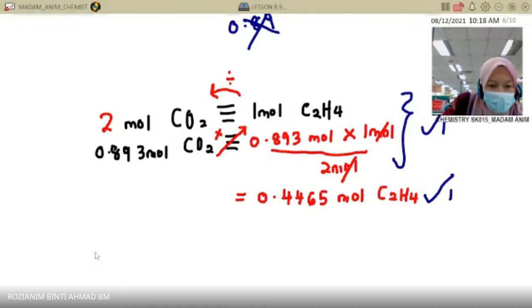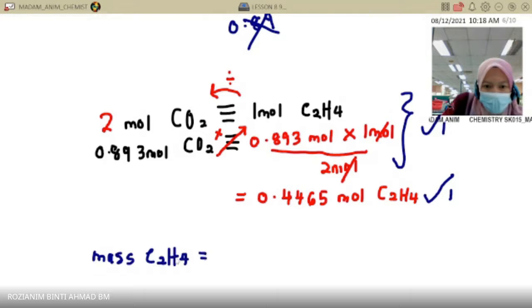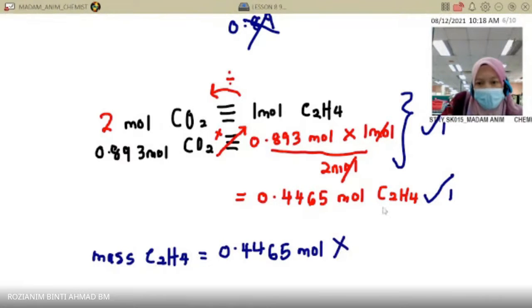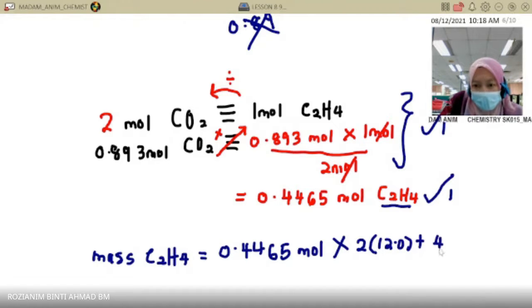So we can label mass of C2H4 equal to 0.4465 mol times. Macam mana nak dapat molar mass? Tengok balik muka surat 2. 2 mol carbon darab dengan molar mass dia, relative atomic mass carbon is 12.0 plus 4 mol hydrogen times 1.0 gram per mol.